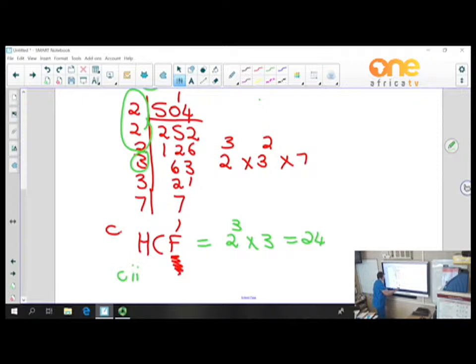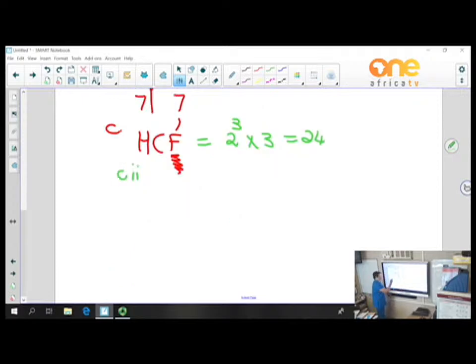At C2, they ask you now to find the LCM. Multiple, the lowest common multiple. So now we need to multiply to get those answers. So you can give the multiples of 48. Continue. So you just say on your calculator 48 times 1, 48 times 2, 48 times 3.